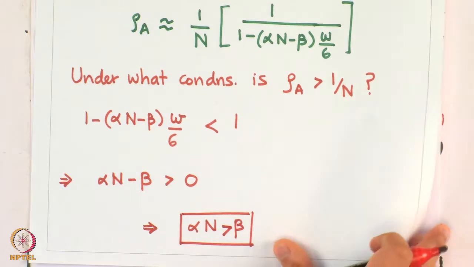I already have expressions for alpha and beta in terms of A, B, C, D, the payoff matrix elements, and if I plug those in, I get an inequality in terms of population size n and the elements of the payoff matrix, which helps me comment on under what conditions this mutant is more than randomly likely to go to fixation.